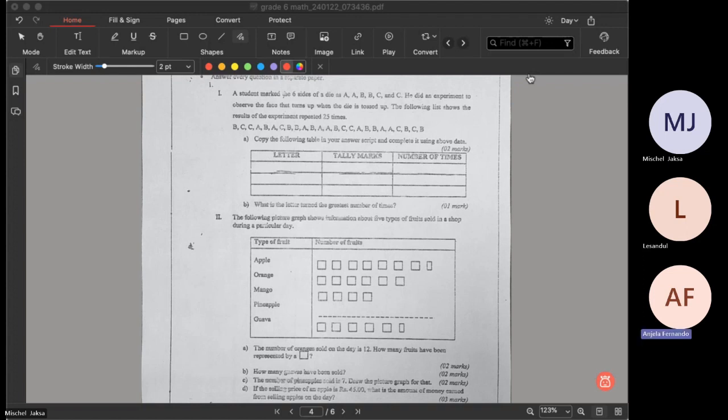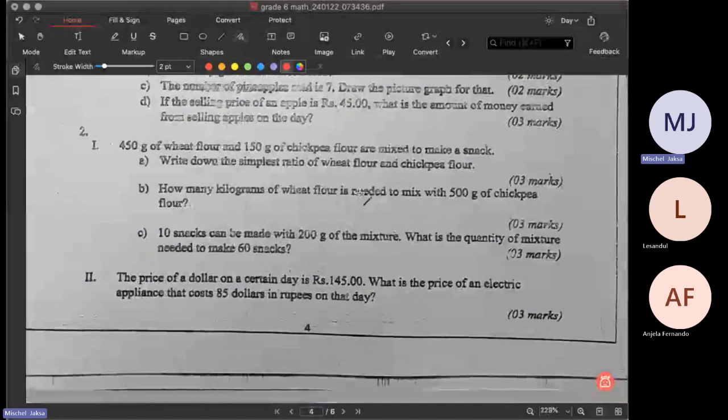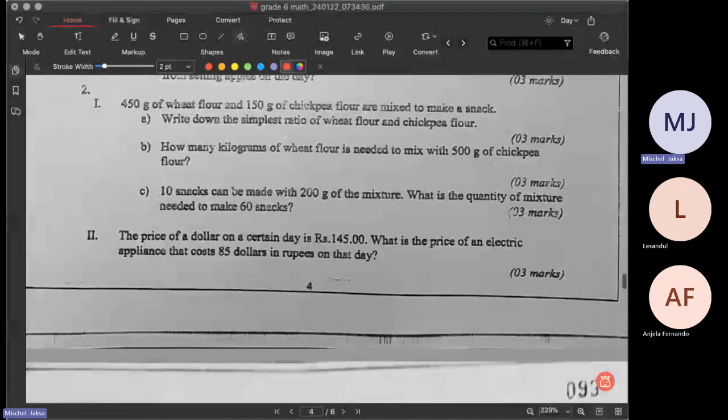Miss, I finished the first question. It seems like Lesandul has also finished. Shall we do the second question as well in one go? That way it will be easier for us to discuss.